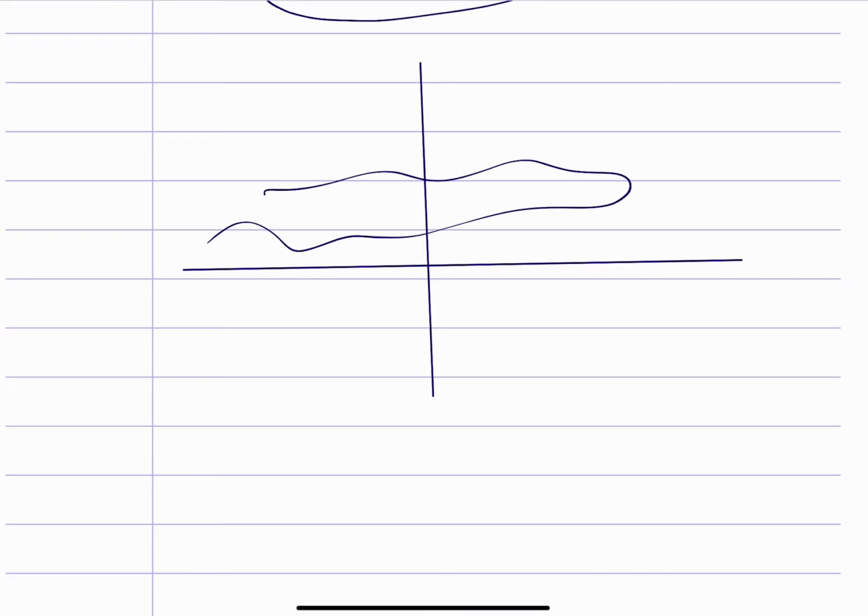So if I take a graph, suppose you have a graph and you take any curve. Draw a horizontal line and a vertical line. This is also called the vertical line test.